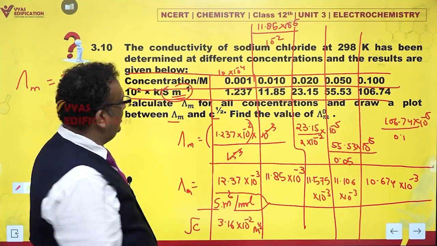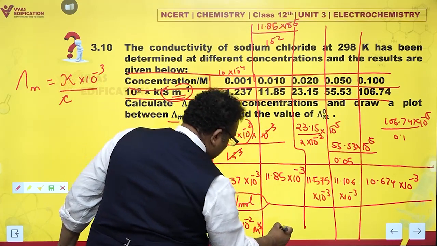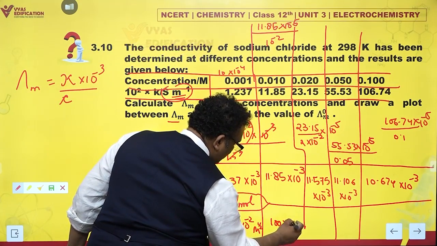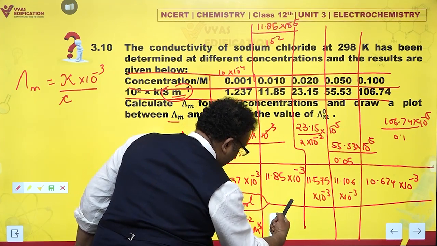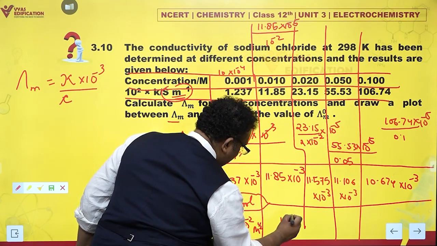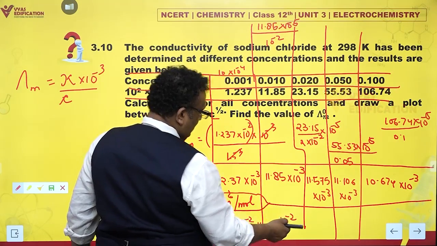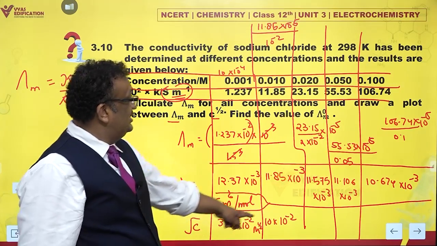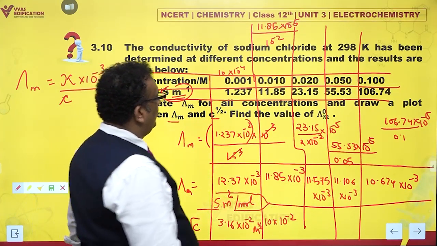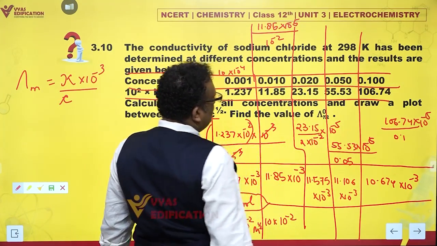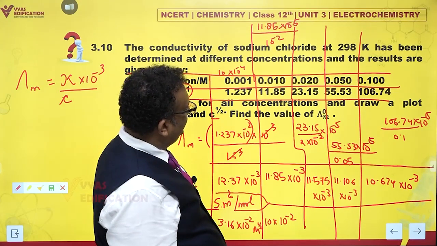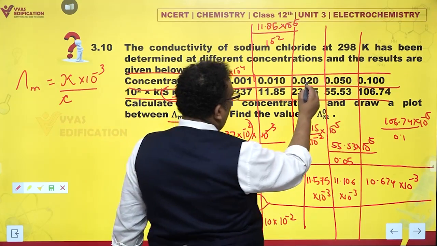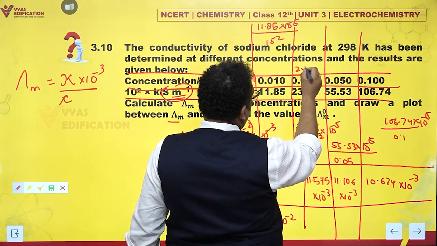What about root C here? 0.01, 10 to minus 2, this is 10 to minus 1. This is simply 10 to minus 1, which is 10 into 10 to minus 2. What about this? This is 2 into 10 to minus 2.